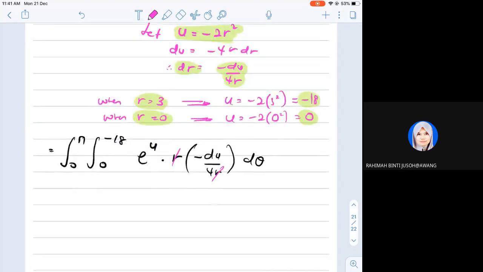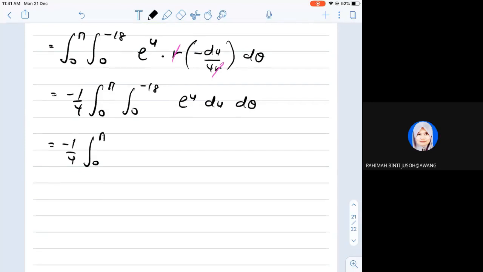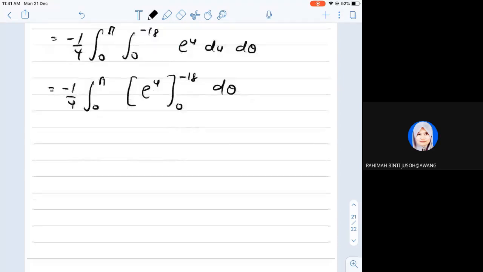So we have negative 1 over 4, isn't it? So negative 1 over 4 can be taken out. Then 0 until pi, 0, negative 18. So exponent u du d theta. Okay, now integrate exponent u, we can get exponent u, right? Jadi exponent u juga lah, tak ada effect sebab perkali dia satu. So exponent u integrate, gantikan 0, negative 18 d theta.